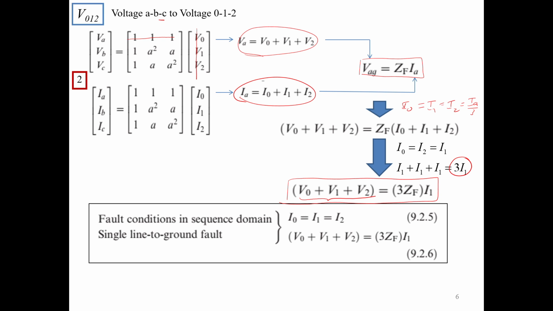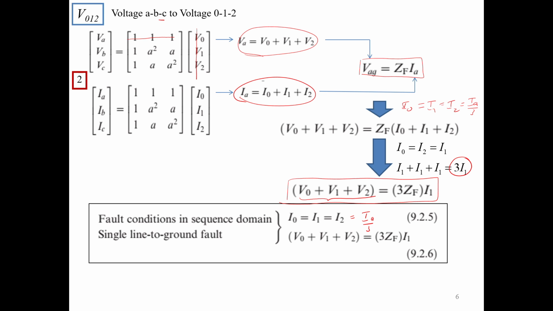Now you can draw some conclusions based on this equation. At the fault condition in the sequence domain for the single line to ground, the first thing is that the current in all the sequence networks, we have three sequence networks, all the three currents are the same. It is equal to IA divided by 3.